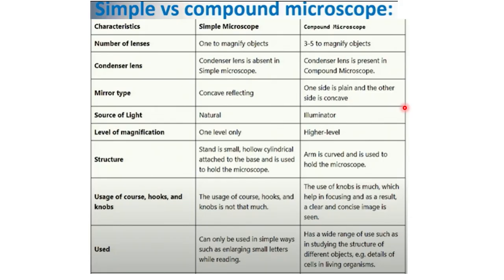If we compare the simple versus compound microscope, the compound microscope has higher magnification, and the number of magnifying lenses is higher compared to the simple microscope. The condenser lens is absent in a simple microscope, but in a compound microscope we need a condenser lens.